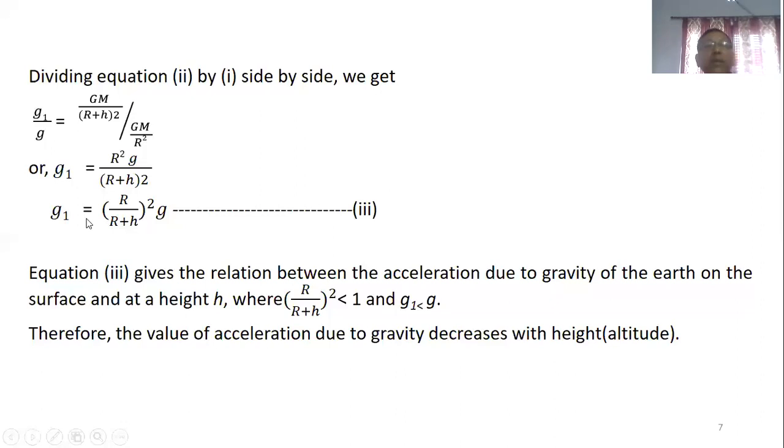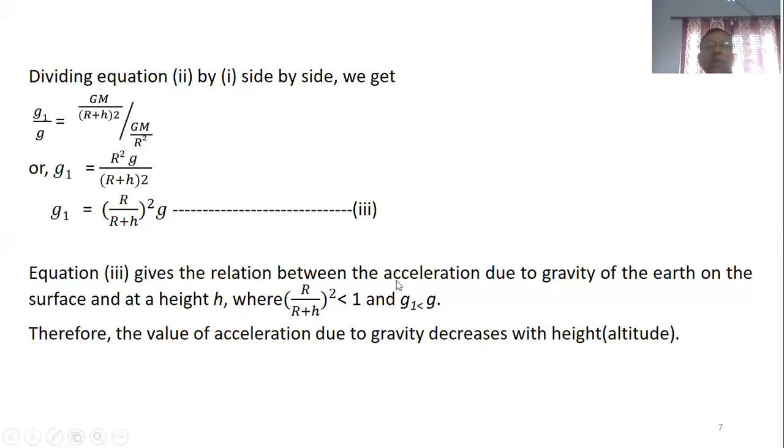That means the acceleration due to gravity on the surface of the earth and the acceleration due to gravity at any height h will be related with this relation. Equation 3 gives the relation between the acceleration due to gravity of the earth on the surface and at a height h, where R by R plus h whole square is lesser than 1, and thus g1 is lesser than g.